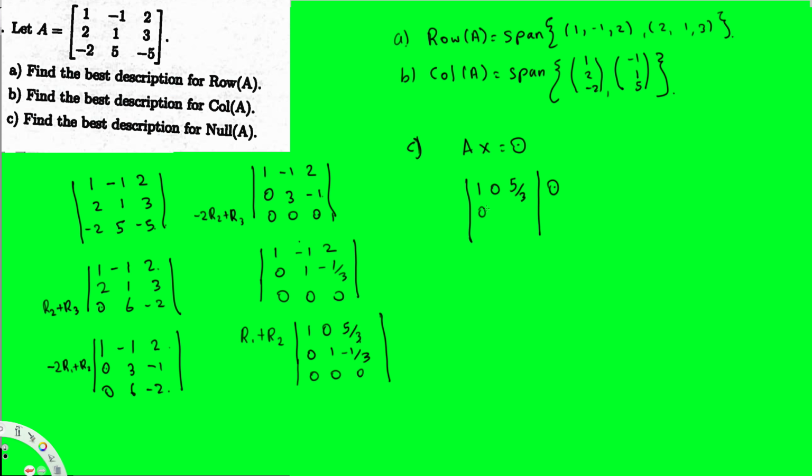So the second row is going to be 0, 1, minus 1 over 3, 0, and the last one is going to be 0, 0, 0, 0. If you notice, we have a leading one in the first column and second column, but the third column doesn't have a pivot, therefore this is going to be my free variable. So let's say I'm considering this as x, y, z, so z is going to be my free variable.